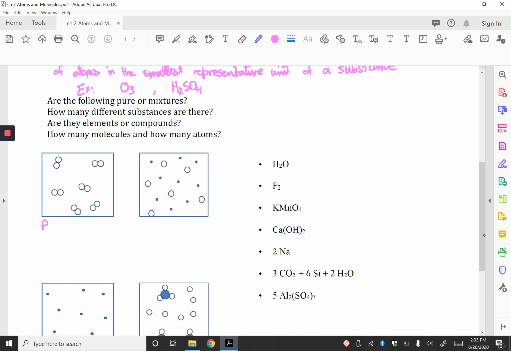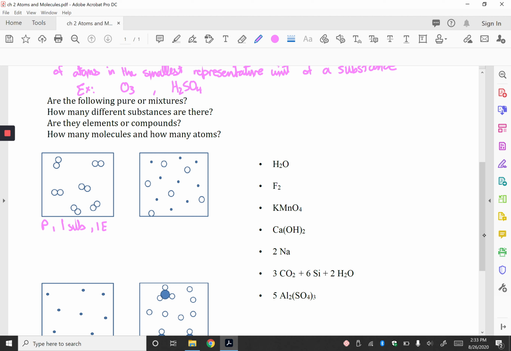This whole thing is the same as this whole thing, and so on. All of them look the same to me. So that means it's a pure substance, which means there's only one substance. I use sub for substance. Only one substance. Is that substance an element or a compound? Well, in this case, it is one element.